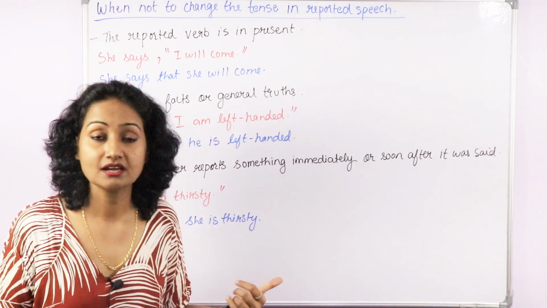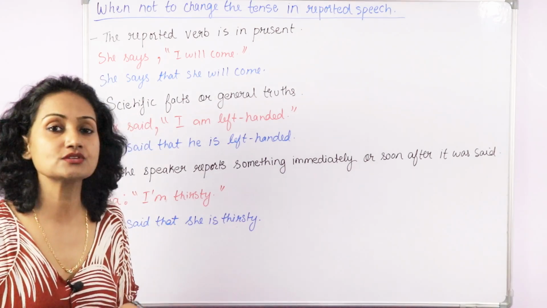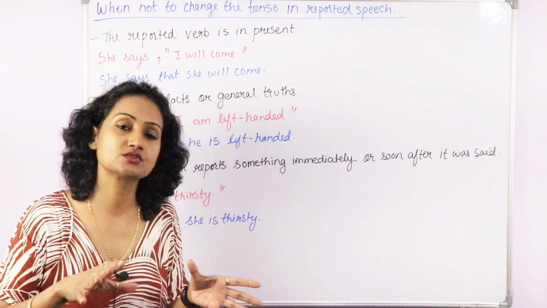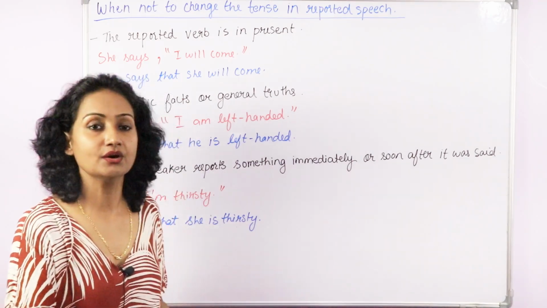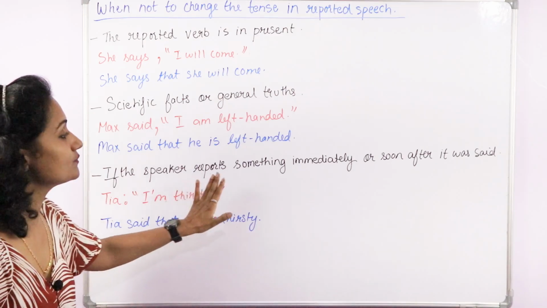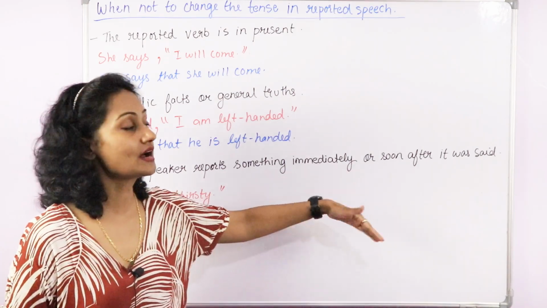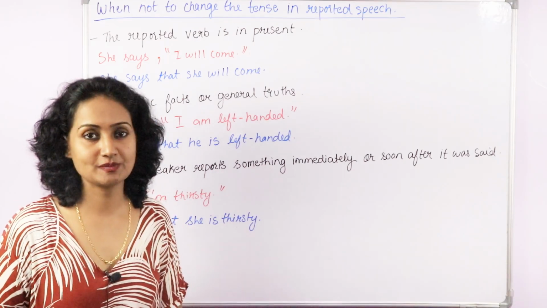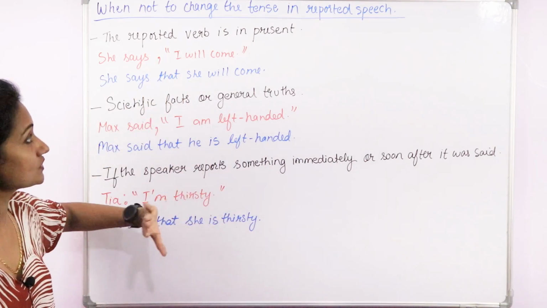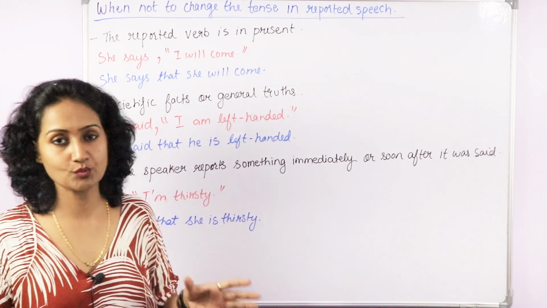I couldn't hear that. She said she's thirsty. You're not going to say she said that she was thirsty, because she is still thirsty. Immediately you have conveyed the message. So if the speaker reports something immediately or soon after it was said, then you will not change the tense in reported speech. So these are three areas where you're not supposed to change the tense in reported speech.